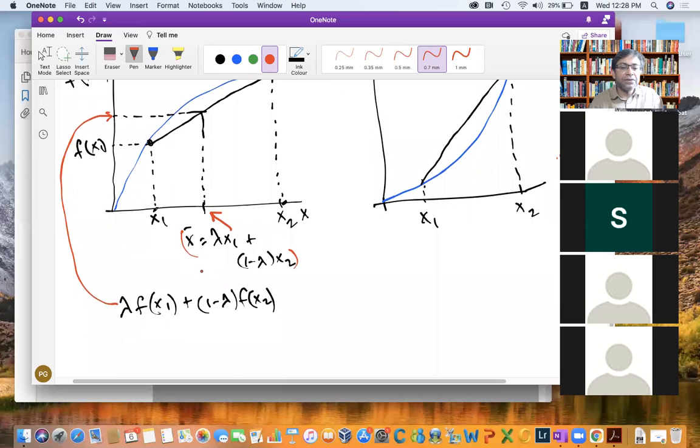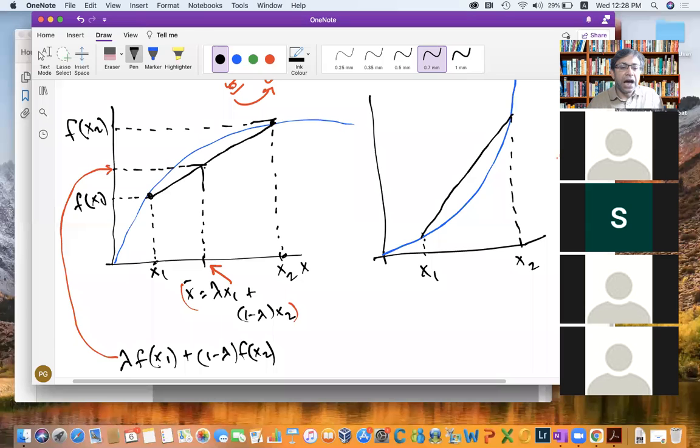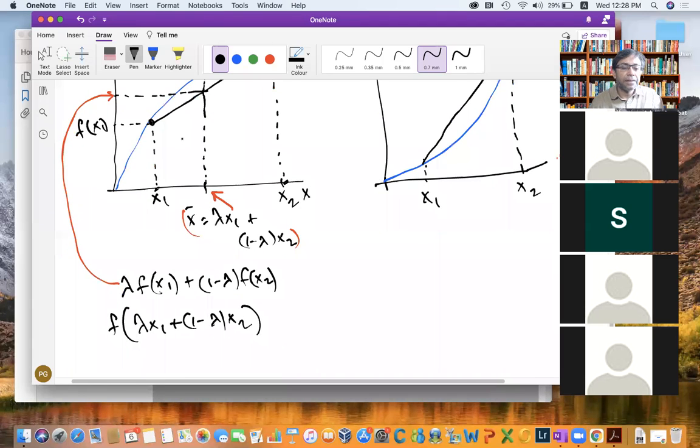But if I did it in the reverse sequence, if I first took the weighted average of the x values and then plugged it into the function and evaluated it, that will be given by the height of the graph at this point.